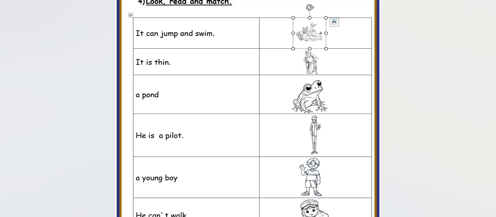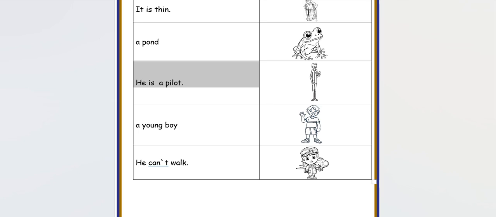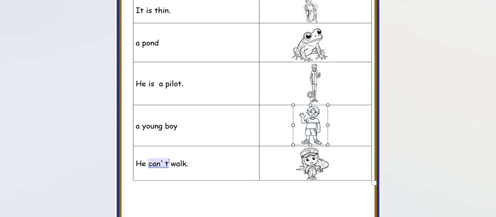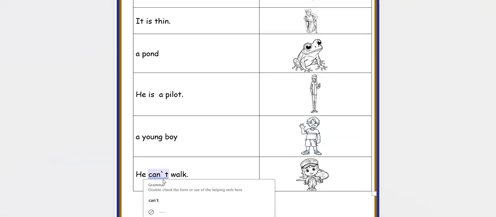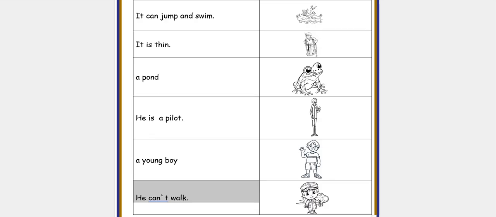It's this picture. He is a pilot. We move here. Yeah, this picture. We can see a pilot here. A young boy. This picture. And he cannot walk. He cannot walk. This picture. Because his leg is broken.